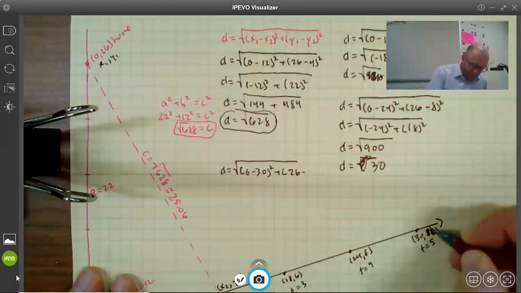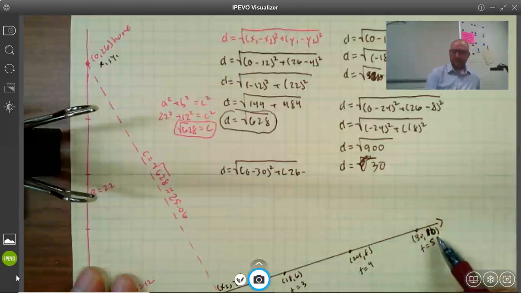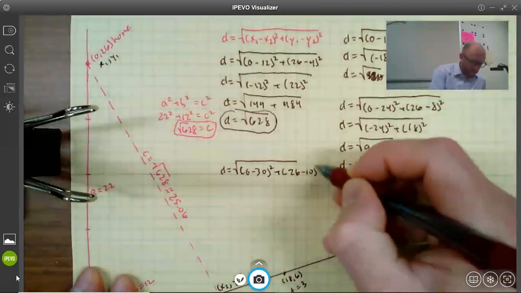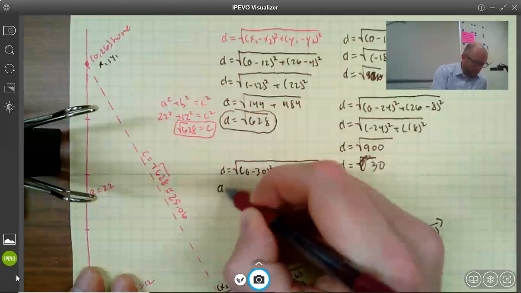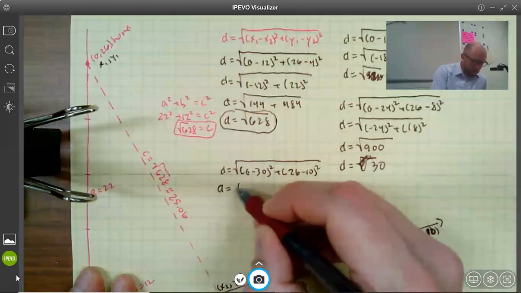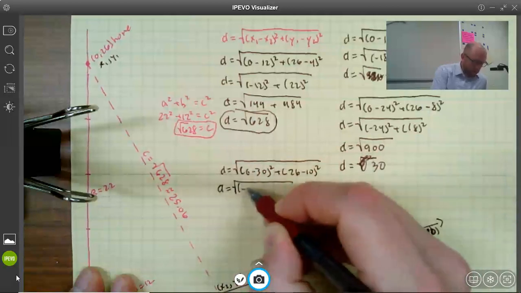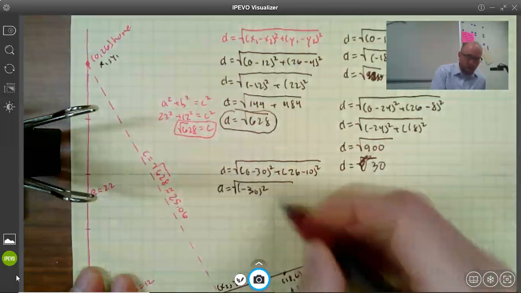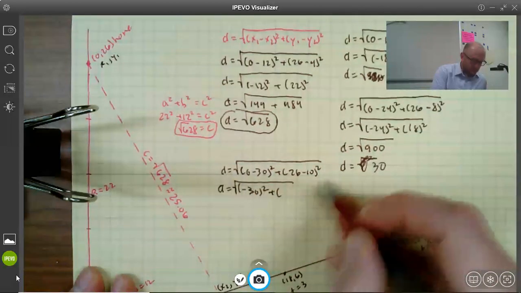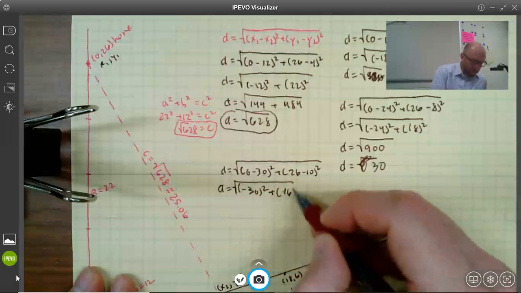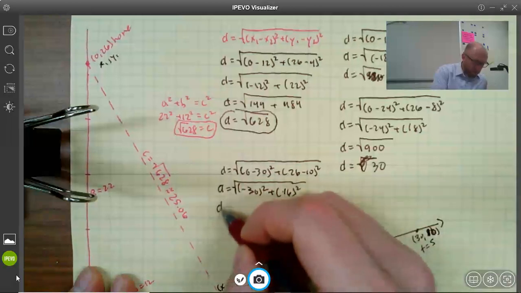I made another mistake earlier when I noticed that that y coordinate was wrong the way I'd written it down. So it's 10 squared. D equals negative 30 squared plus 26 minus 10 is 16 squared.